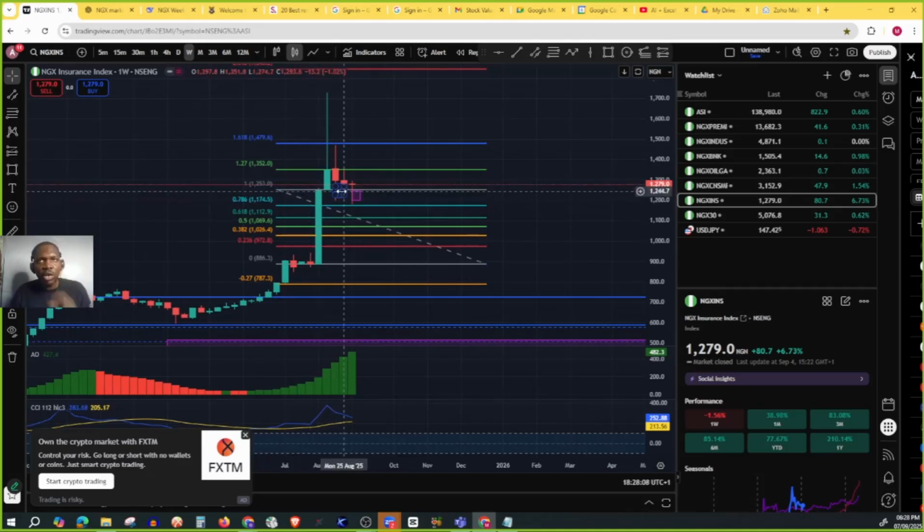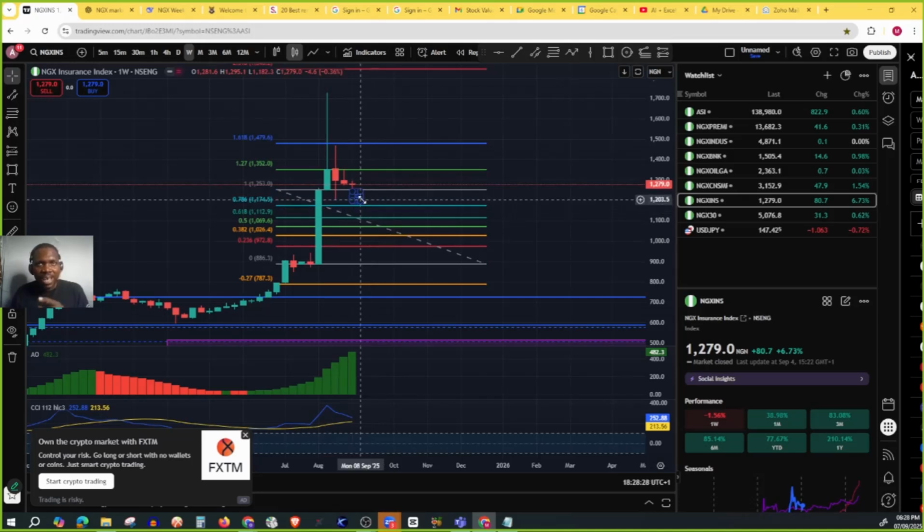Then the next candle: small body, wick above, wick below. The next one, small body, wick above, no wick below. The next one, small body, wick below, no wick above. Actually, the market is struggling around this zone.